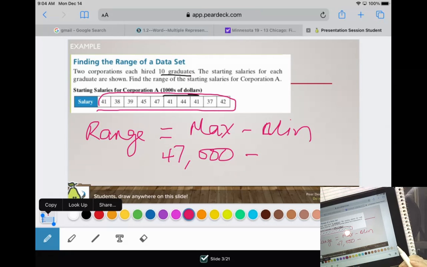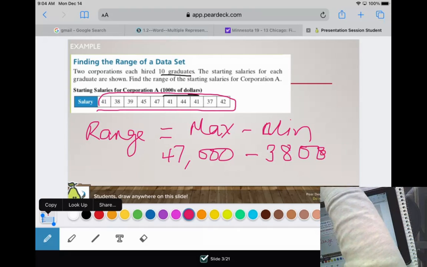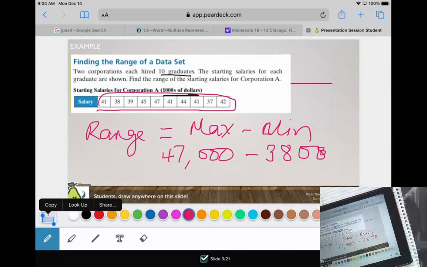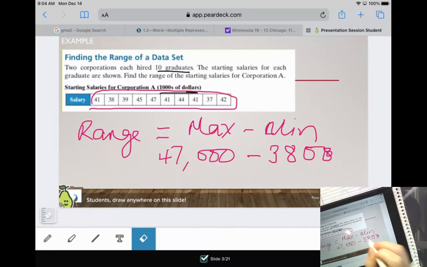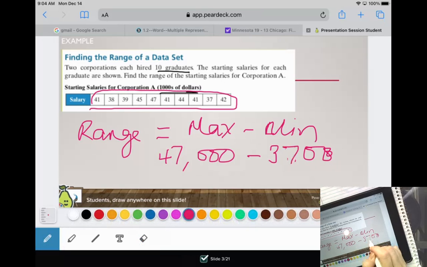And the lowest one is 38,000. Oh, I missed that, you're right, it's 37,000. So 47 take away 37 gives you 10,000.